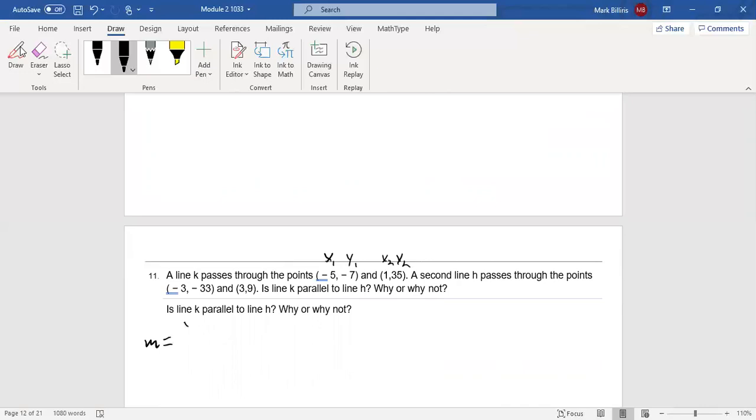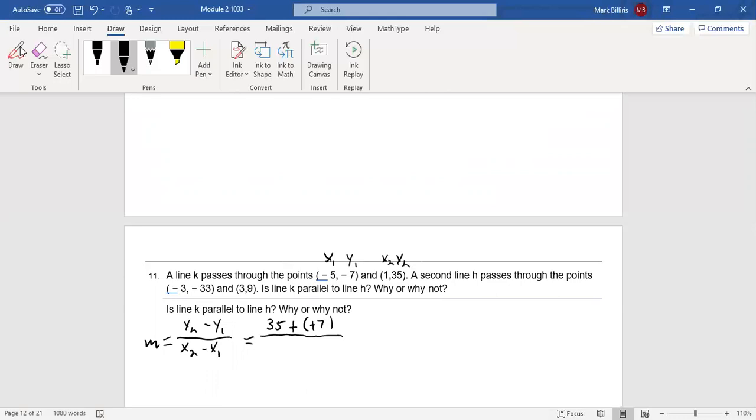So again, I'm going to write down the formula and then plug in the values. So y sub 2 is 35 minus y sub 1 is -7. Notice I have that subtraction sign in between. Keep it there until after you write the second value, because this is going to change, because that's a double negative.